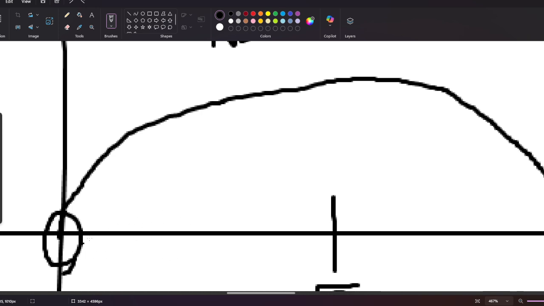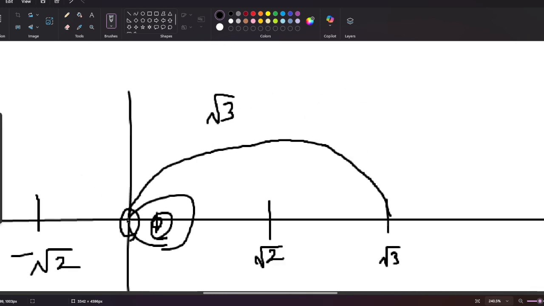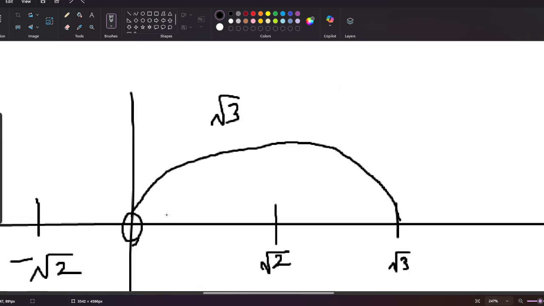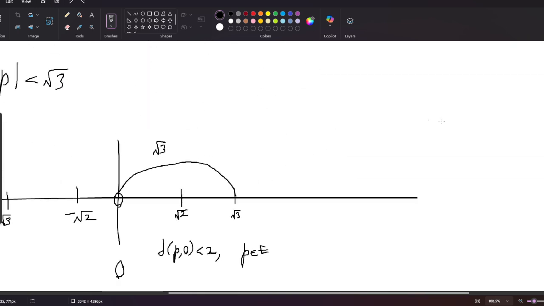So let's take some arbitrary point, and we could continue shrinking the circle until it stops touching the outside.